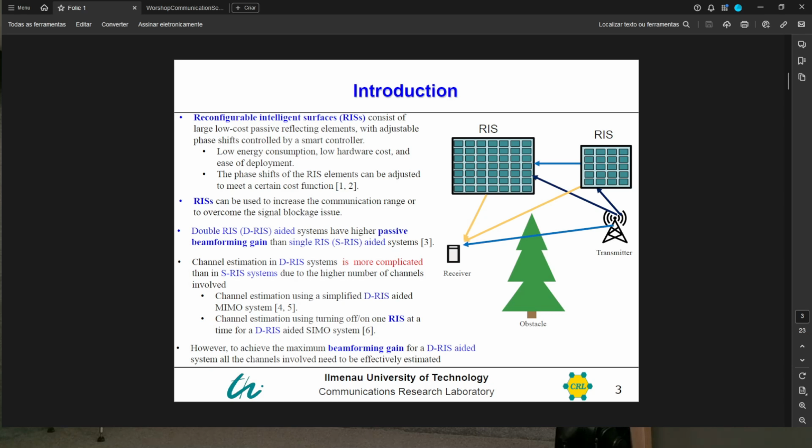It can be configured to have constructive beamforming at the desired user, or destructive beamforming at the interfering user. It has given benefits, like this picture of the RIS here.